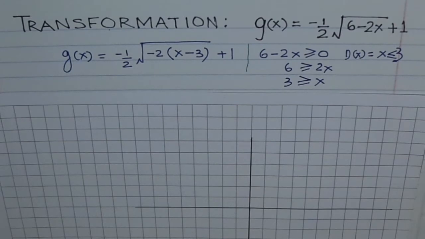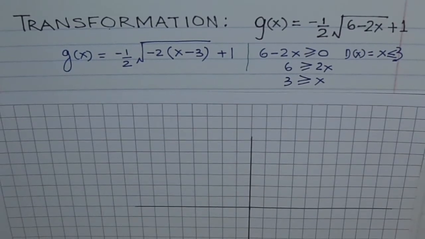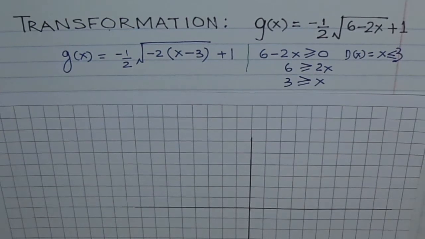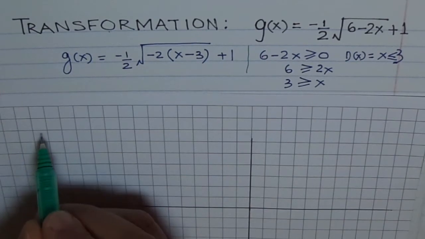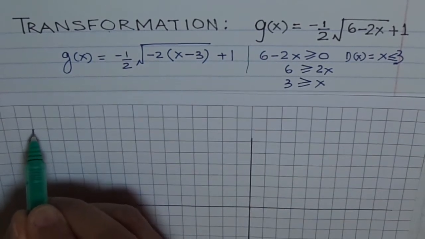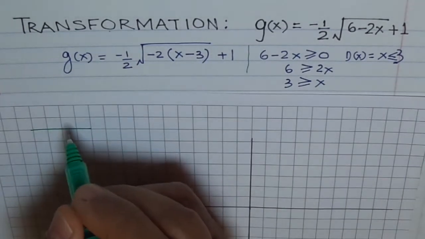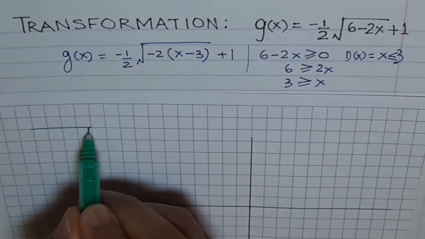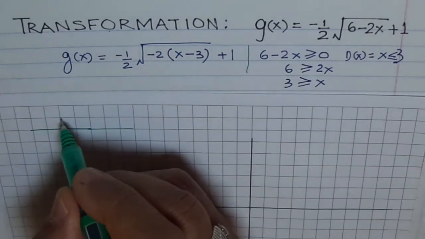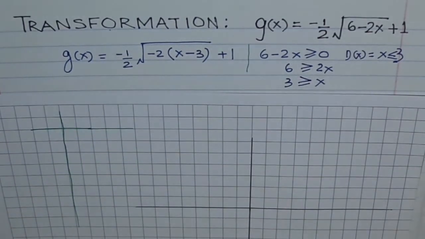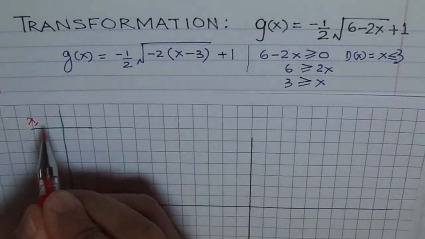Now, let's take some points and see how to transform a function. I'll adopt 2 methods in this particular case so that you understand transformations very well. Let's take the original values here, x, y of our original function.